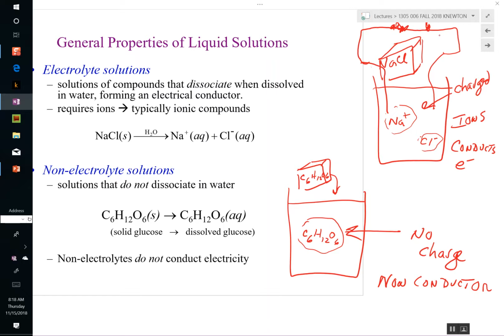If you did that with a sugar solution, no circuit. The light bulb wouldn't come on. Why? Because you would not complete the circuit across through the solution. Doesn't conduct electricity, conducts electricity.